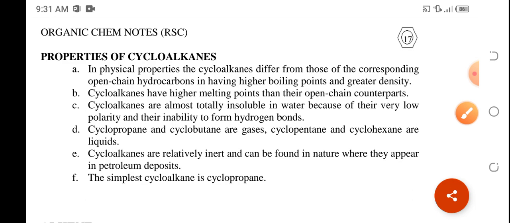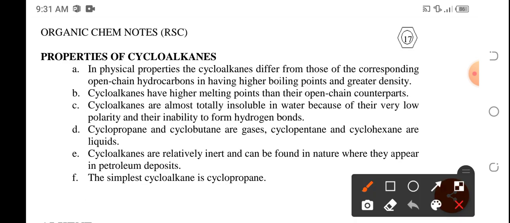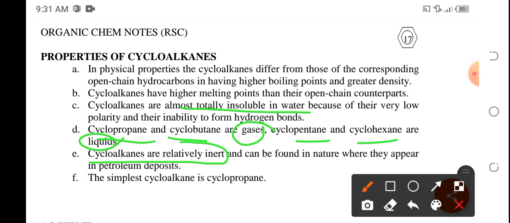Okay? Now, all cycloalkanes also are almost totally insoluble in water because of their polarity. Cyclopropane and cyclobutane are gases. Cyclopentane and cyclohexane exist as liquids. Generally, all cycloalkanes are relatively inert.